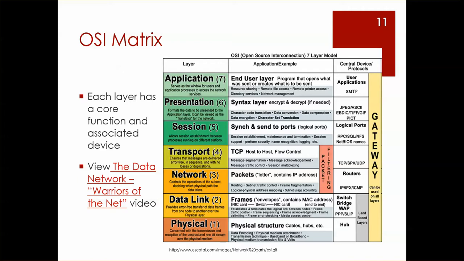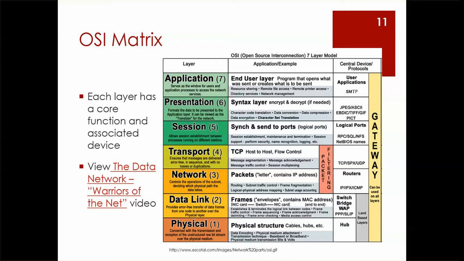Some typical functions at the presentation layer are data conversion, compression, and some data encryption. Some typical protocols are actually the file extensions, so JPEG, ASCII, PICT, TIFF, GIF, and so on.